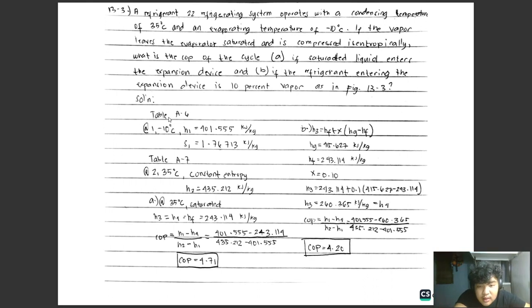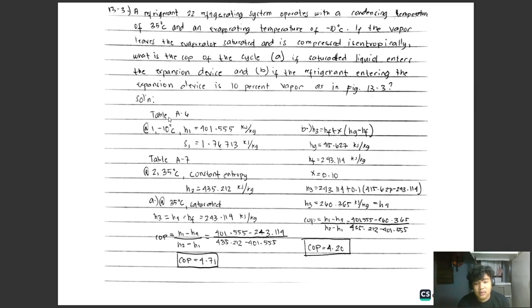Next, for our part B, h3 equals hf plus x multiplied by hg minus hf. Referring to our table, we can get the values of hg, hf and also x. For hg, we have 415.627 kilojoule per kilogram. Our hf is equal to 143.114 kilojoule per kilogram, and x is equal to 0.10.